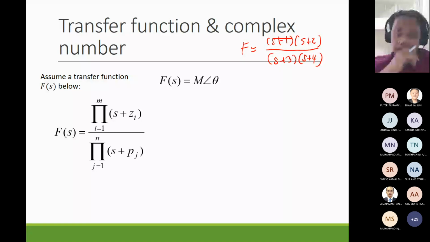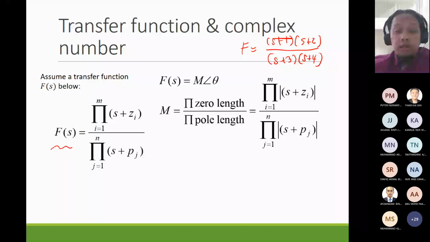To find the magnitude and angle of this complex number, you calculate the product of the lengths of the zeros divided by the product of the lengths of the poles, or the product of the vectors of the numerator divided by the product of the vectors of the poles.